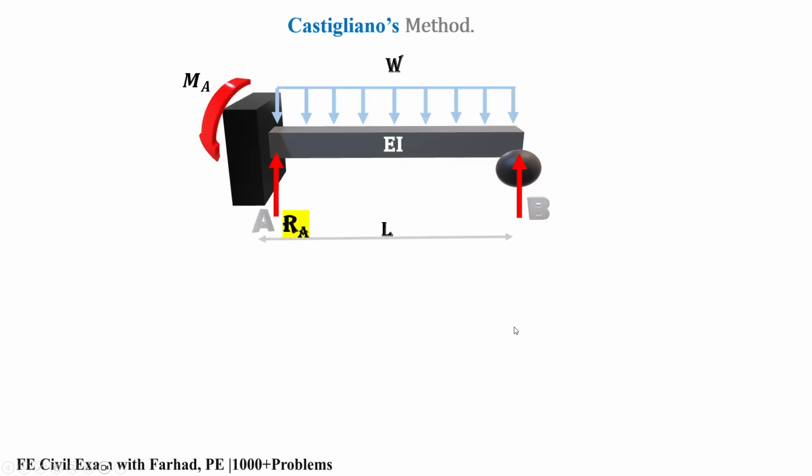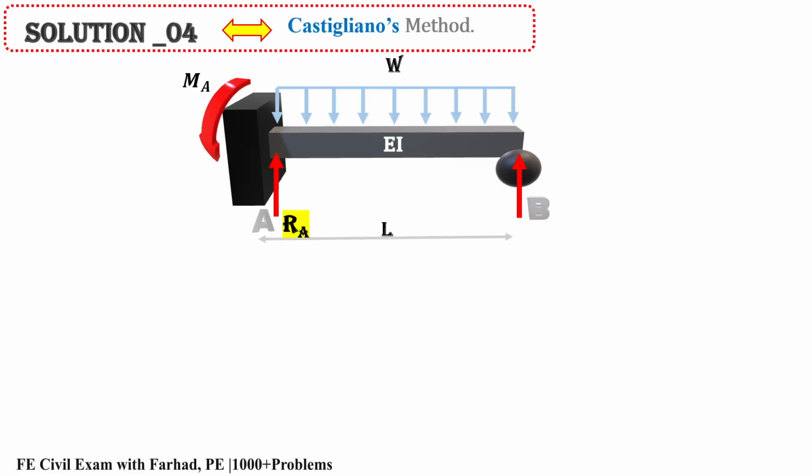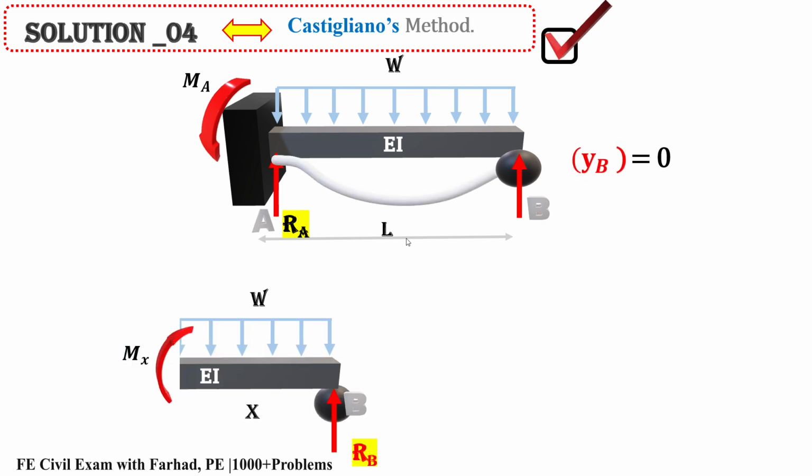So let's get started. In Castigliano's method, if we want to approach our problem, first of all, we know that delta at B is equal to 0. There is no upward or downward movement at B. Starting from point B, extend our beam to a length of X and cut it there.